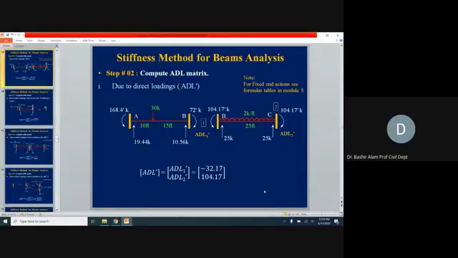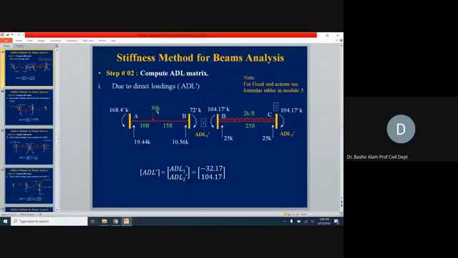So we will have to add all these effects up at the corresponding 1 and 2 locations, and we generate the ADL matrix.